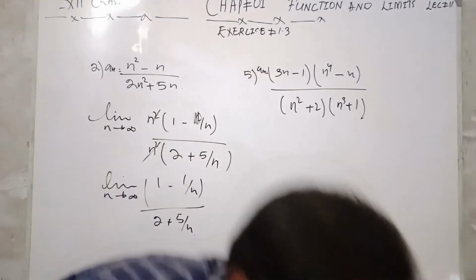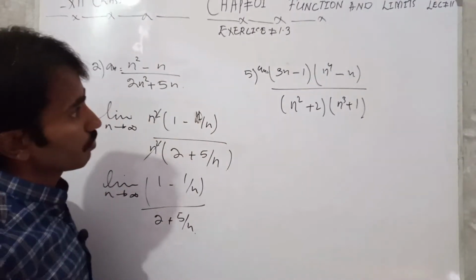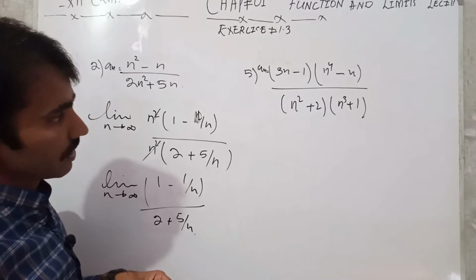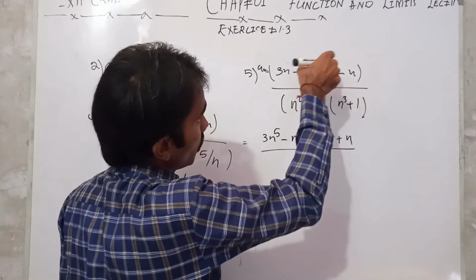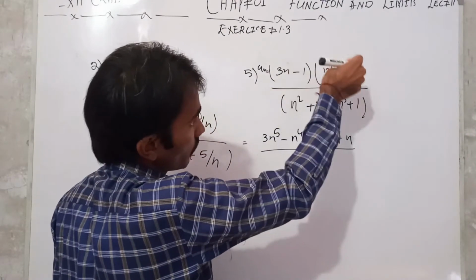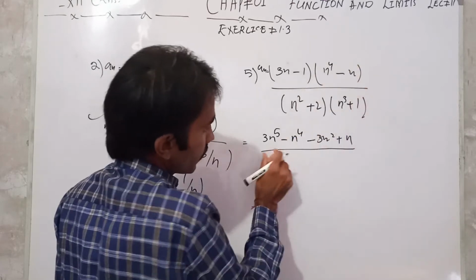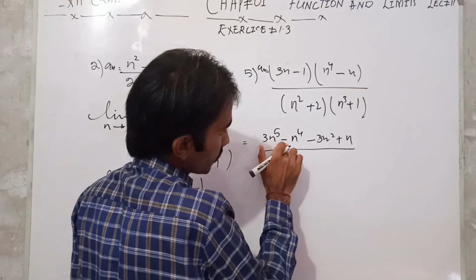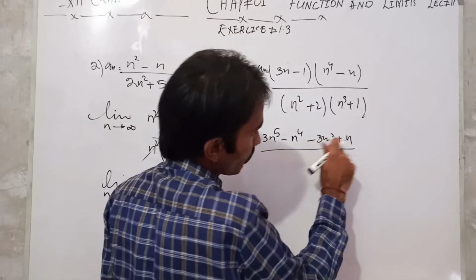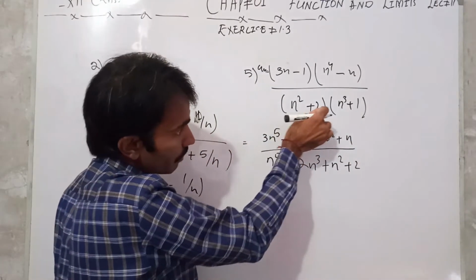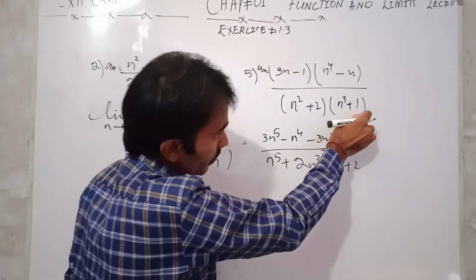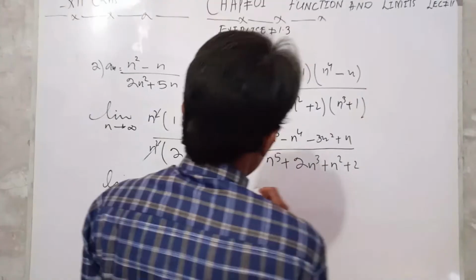So what we have to do is multiply the brackets in the numerator and the denominator. When you multiply (3n minus 1) and (n power 4 minus 1), you will get 3n power 5 minus n power 4 minus 3n plus 1. When you multiply (n square plus 2) and (n cube plus 1), you get the denominator.